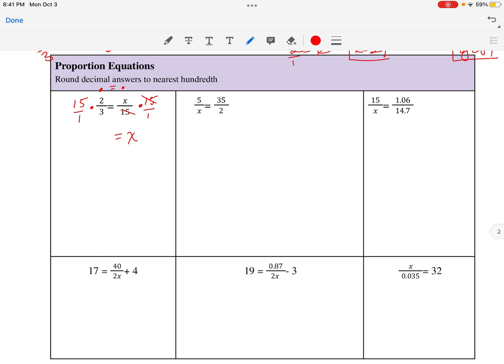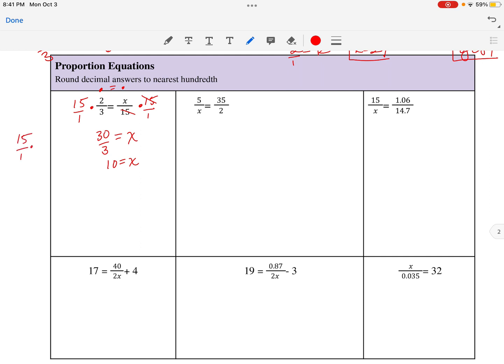On this side, I have a choice. I can just multiply across the top. 15 times 2 is 30, and the bottom equals 3, and that simplifies to x equals 10.